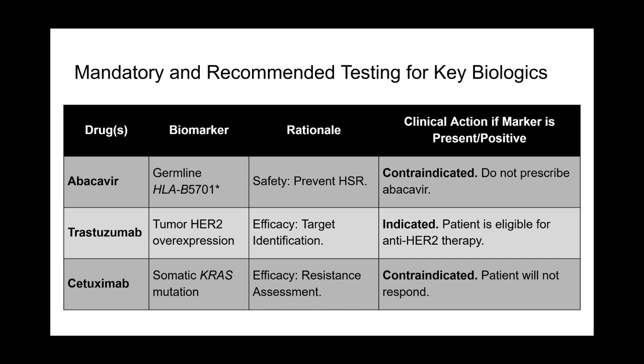Target identification, identifying the specific patient population whose disease expresses the drug's molecular target, such as HER2. And 3. Resistance assessment, excluding patients whose disease carries mutations in downstream pathways that cause primary resistance, like KRAS.